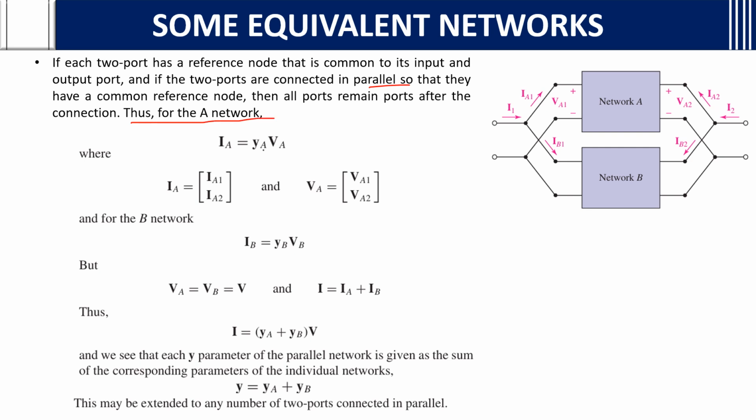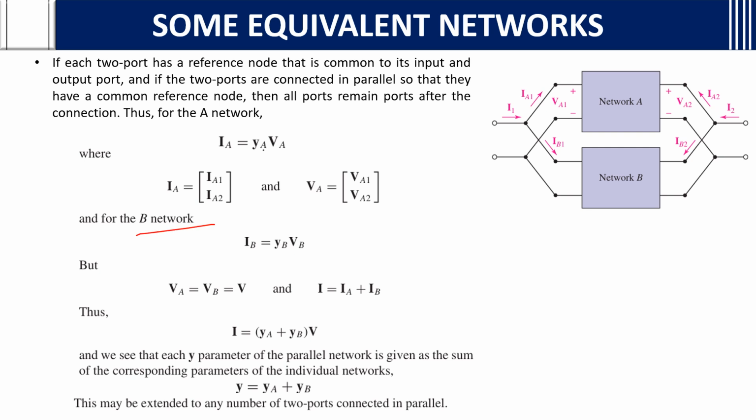Thus for the network A, we can write IA equals YA into VA. We know already that I equals Y into V, admittance into voltage. Here IA is IA1, IA2 and VA is VA1 and VA2.